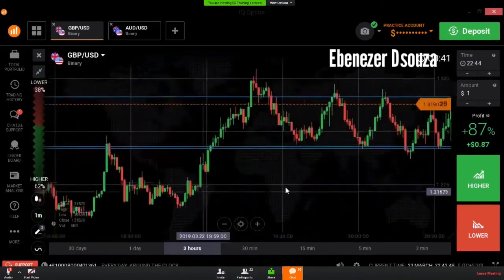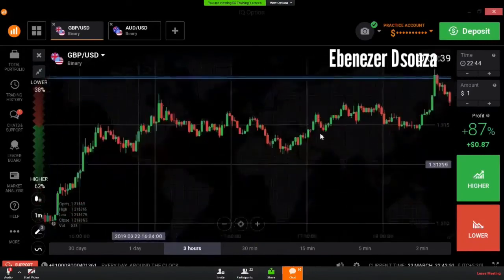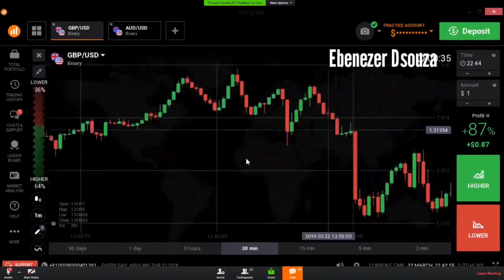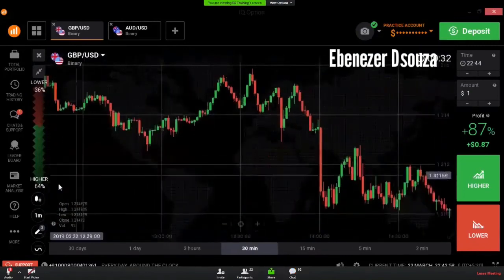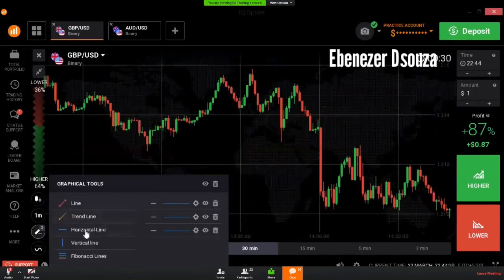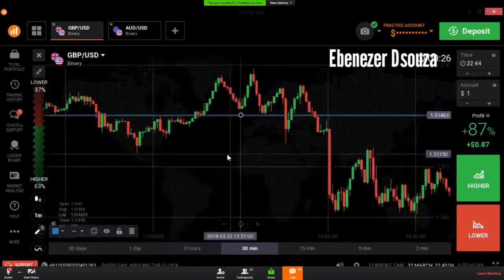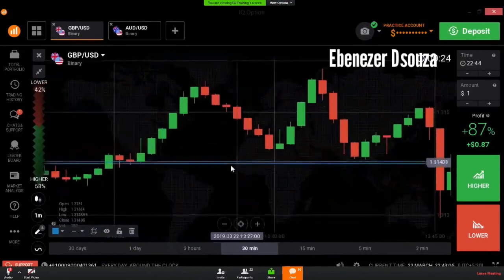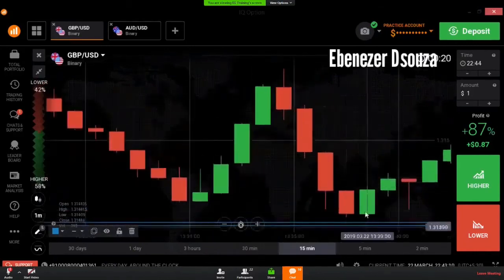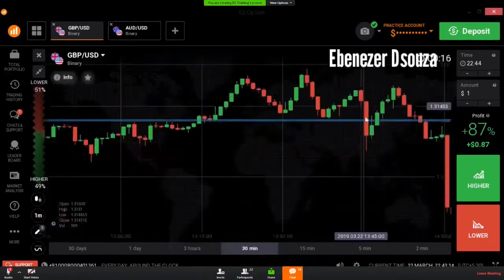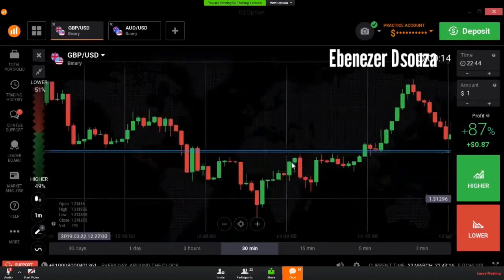If you see any strong selling pressure or strong buying pressure in the market like this, you can place your trade on the next candlestick. And the next level, if the market comes near this level, you can place your trade. If the market breaks the level, you can't place your trade.